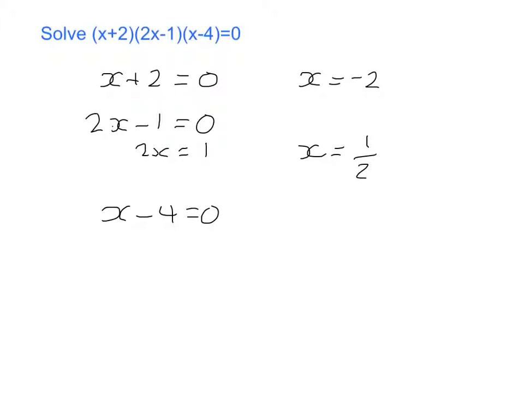What we do with that one is we add 4 to both sides. And that will give us x is equal to positive 4. So the solutions for this one is x can equal negative 2, a half, or 4. Okay, next question.